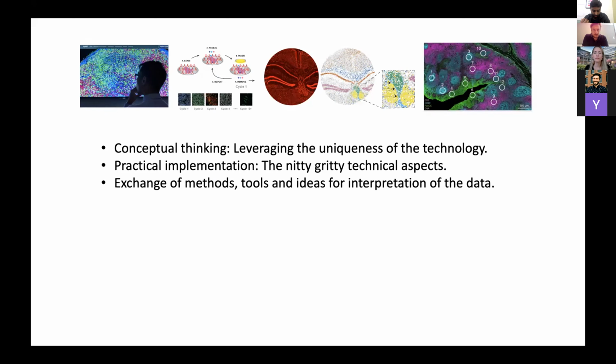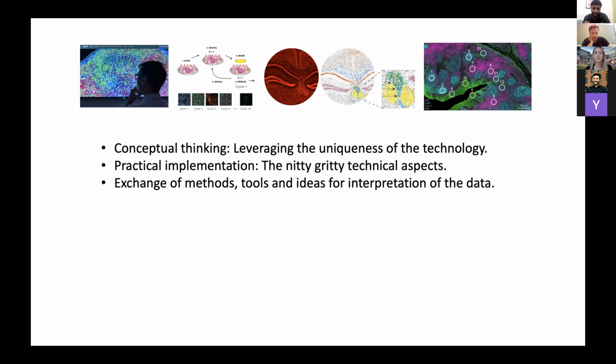For example, if you're looking at imaging data, very often we force ourselves to treat image data very similar to single cell sequencing data, where you try to identify single cells and then look at expression profiles within them. By doing so, we are losing a lot of information with regards to morphology, the marker distribution within the cell, how the cells are oriented, and so on and so forth.